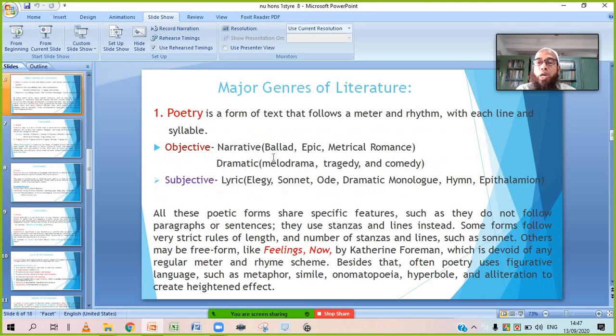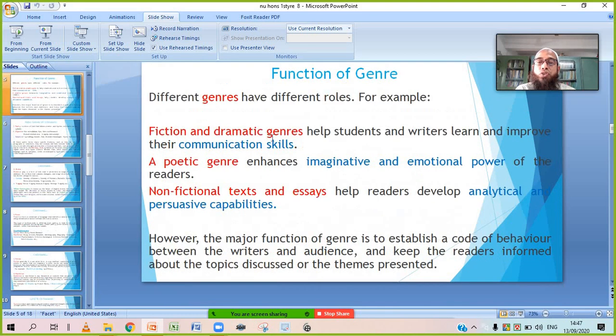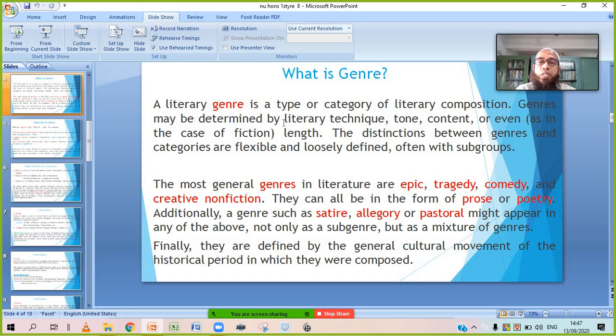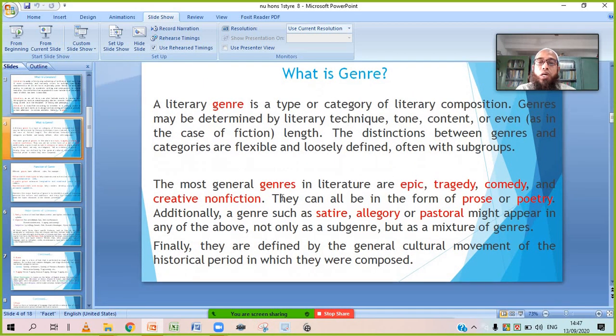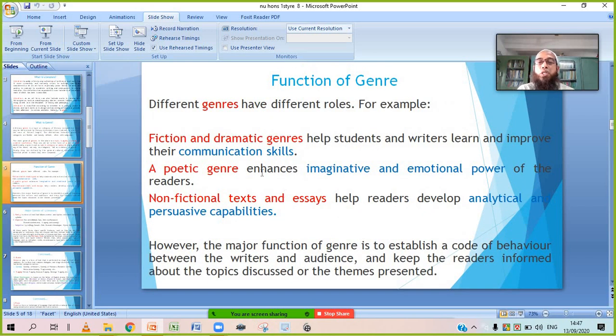Today we have tried to talk about what is literature, what is genre, and function of genre. First we talked about what is literature, then what is genre. Just a sum up of the class: we talked about functions of genre, what type of skills are developed. Communication skills are developed by fiction and drama.